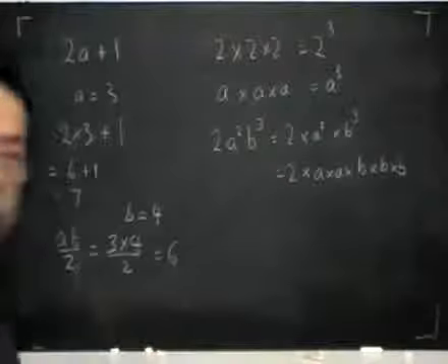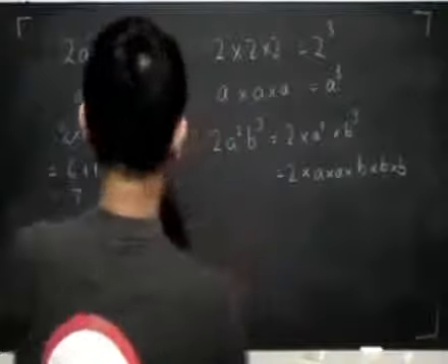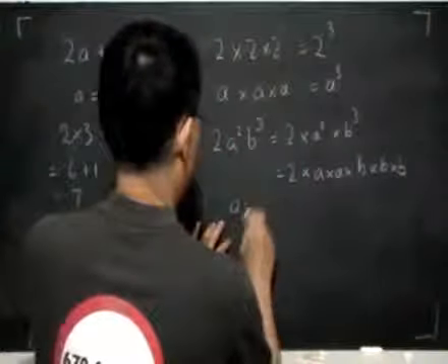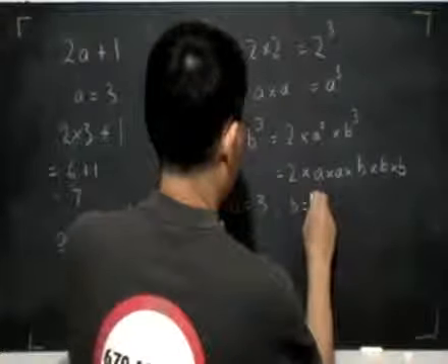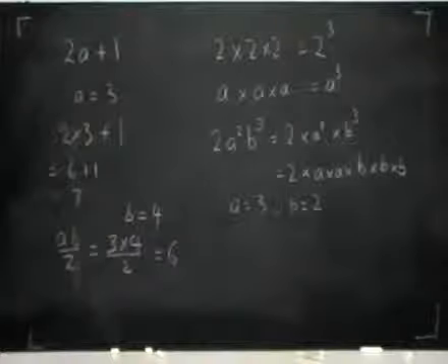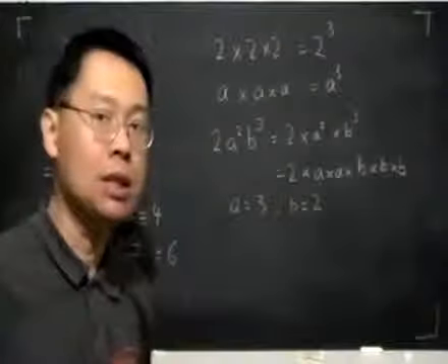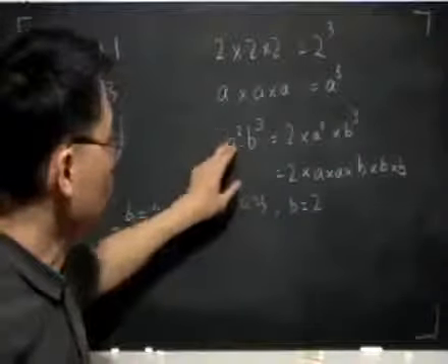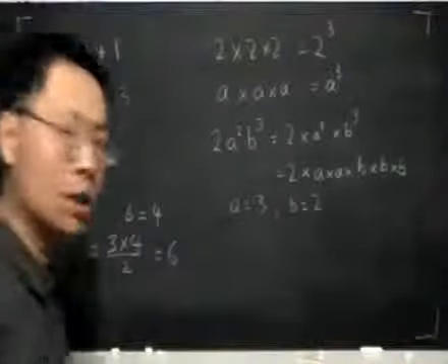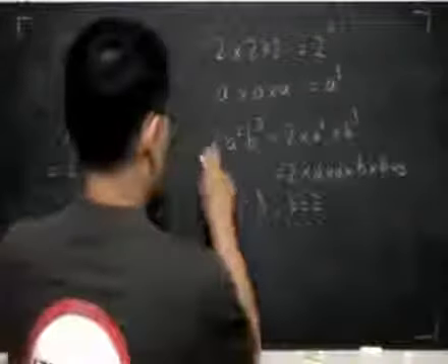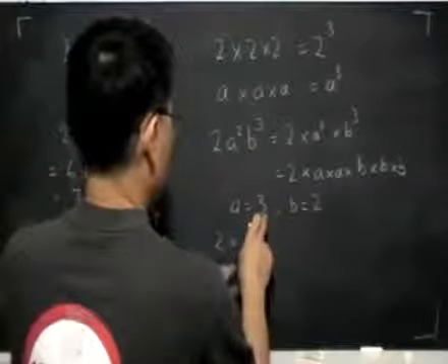And just as an exercise, let's say a is equal to 3 and b is equal to 2. If we know these values for a and b, we can find 2a squared b cubed by substitution. Let's try that. So 2, a is 3, so substitute.